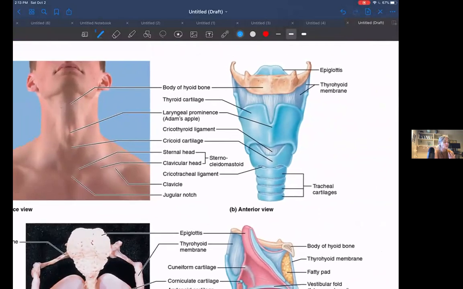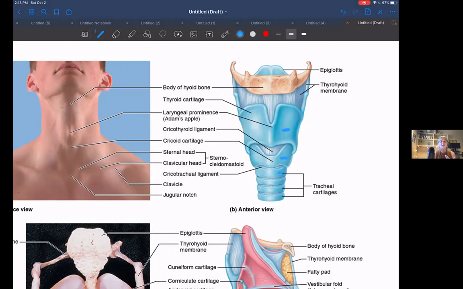So if this is the structure of my larynx, we have the thyroid cartilage right here. And then we have what is called the cricoid cartilage, which is right here. And then this is going to eventually connect down to my trachea.